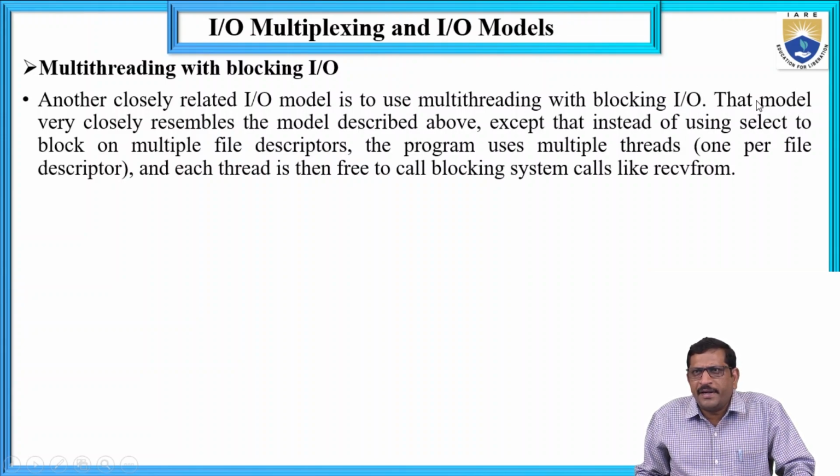This model closely resembles the one just described, except that instead of using select to block on multiple file descriptors, the program uses multiple threads, one per file descriptor, and each thread is free to call blocking system calls like recvfrom.